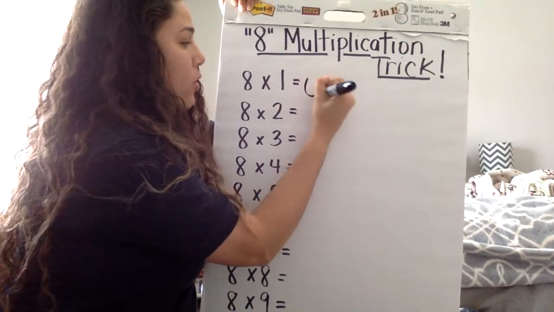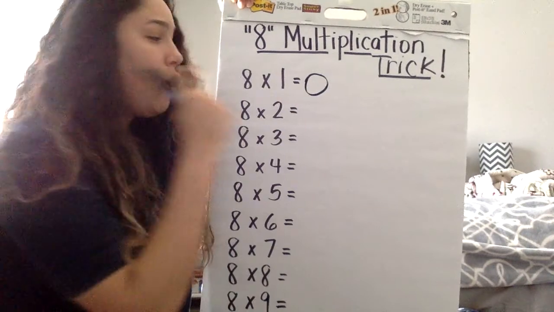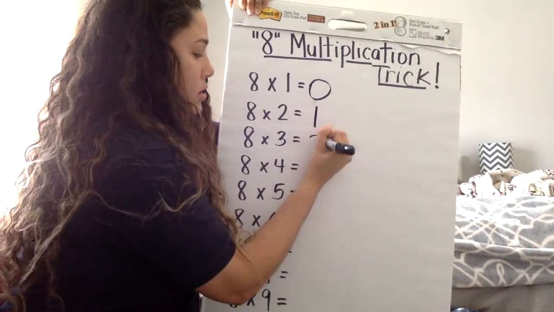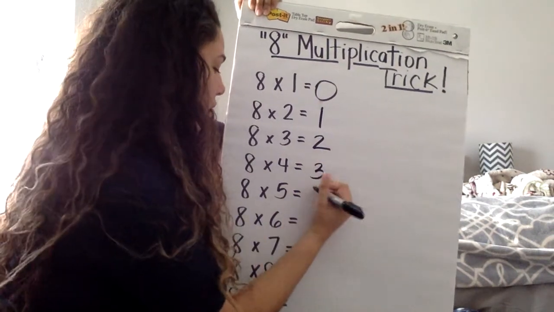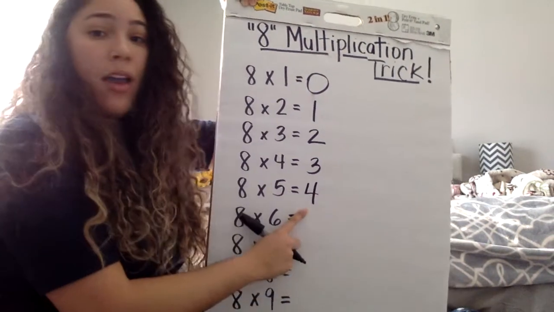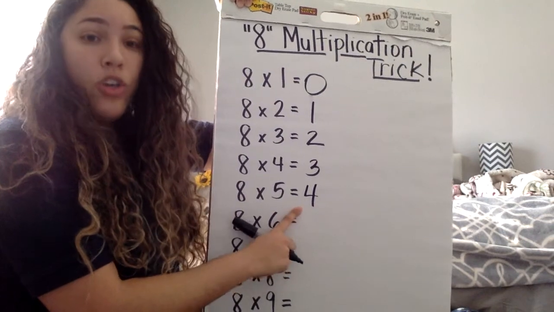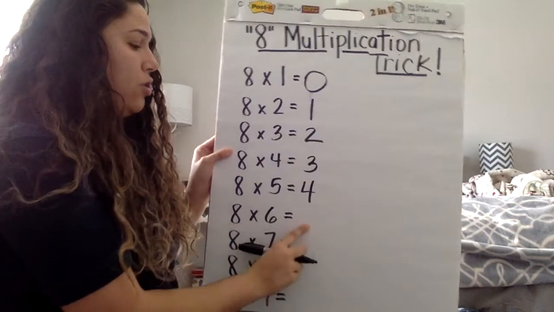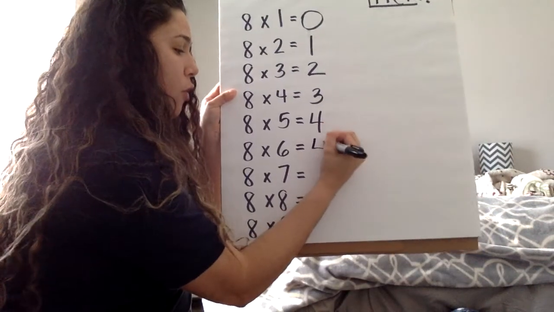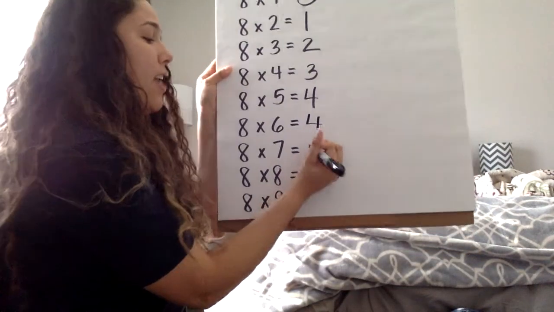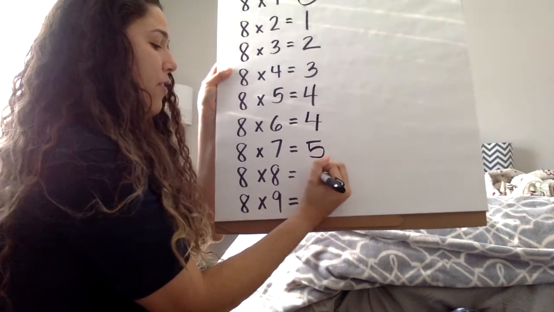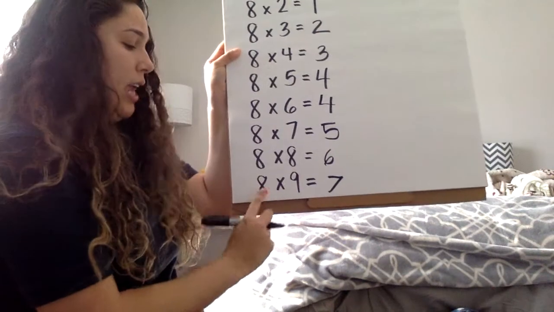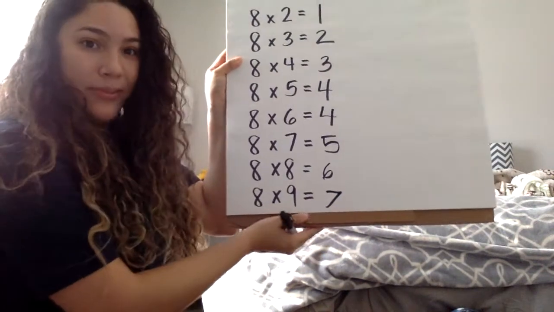So your first one will be 0, and you're going to go counting by ones: 1, 2, 3, 4. But when you get to 4, you are going to repeat 4. So 0, 1, 2, 3, 4, 4 again, and then you keep going: 5, 6, 7. And if there was 8 times 10 here, it would be 8. Okay?